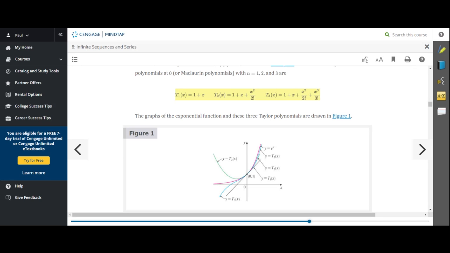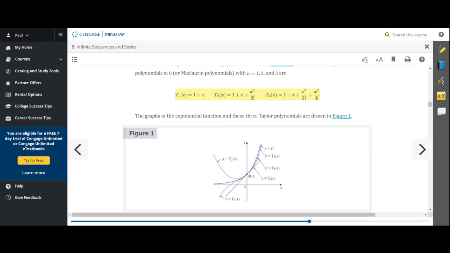As you move away, the approximation will get worse. But it does okay over a reasonable domain, a reasonable range of x values, I guess I should say. But why would T3 do the best?